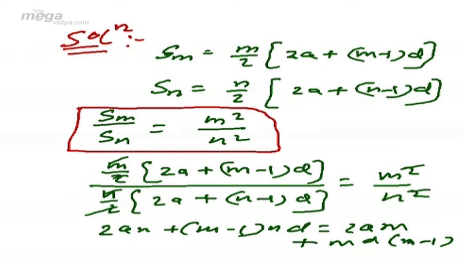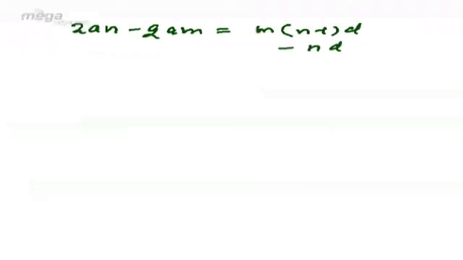Now we have to find a or d to find the ratio of mth and nth terms. Because of this, I just shift 2am to this side and (m minus 1)nd to this side. Then we get 2an minus 2am is equal to d times (m(n minus 1) minus n(m minus 1)). Here we will take 2a common.